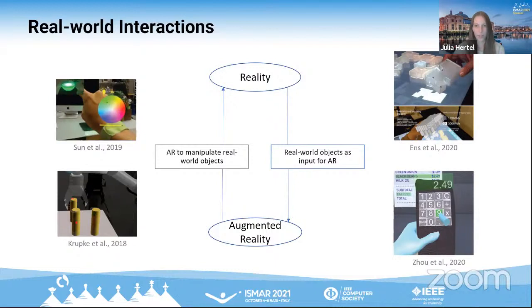AR can be used to manipulate the real world, which we introduced as abstract manipulations. And here AR can be used to provide a user interface, visual feedback, or even a preview of planned actions. Also, real-world objects can be used as input. A physical object can either act as a tangible and directly represent a virtual object, or provide passive haptic feedback.